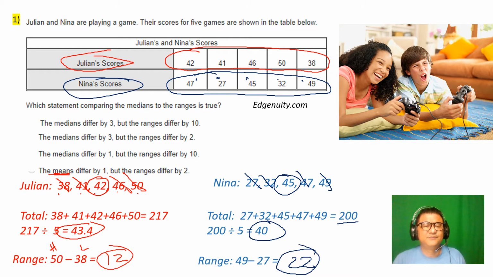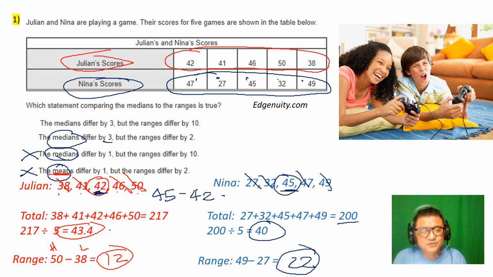Now let's compare the following. The means differ by 1. Look at this versus that. So no, not you. The medians differ by 1. 42 and 45, they don't differ by 1. The medians differ by 3. 45 minus 42 is equal to 3.